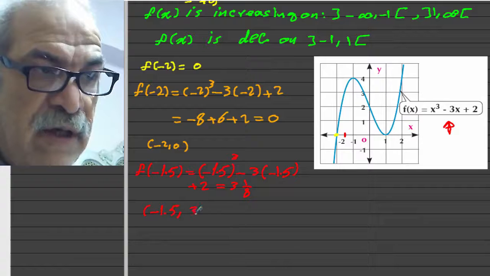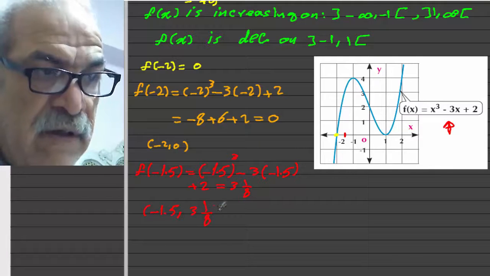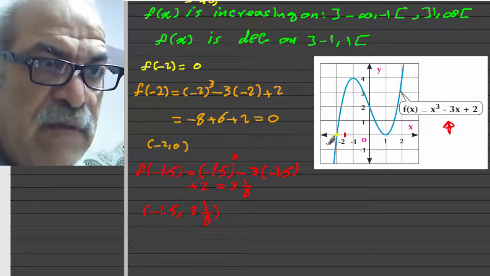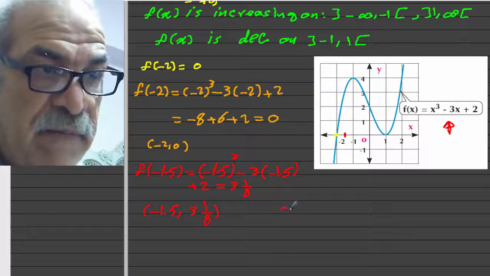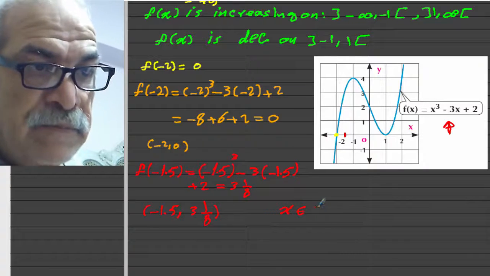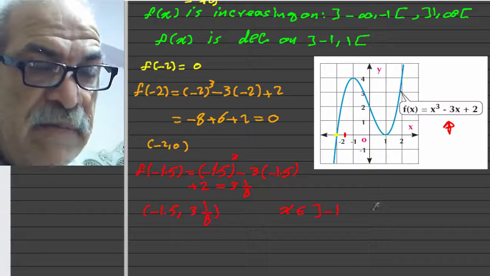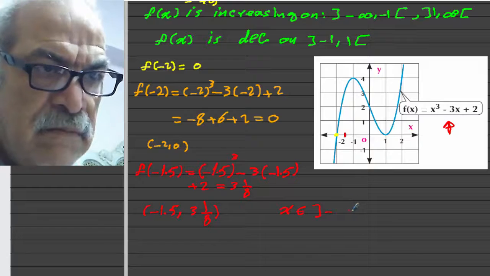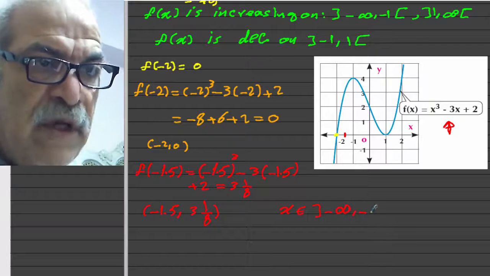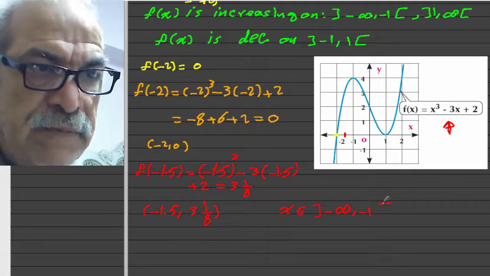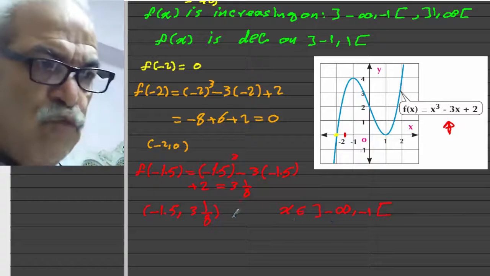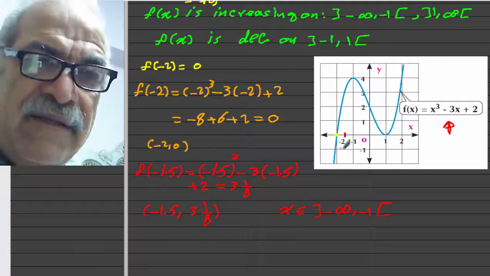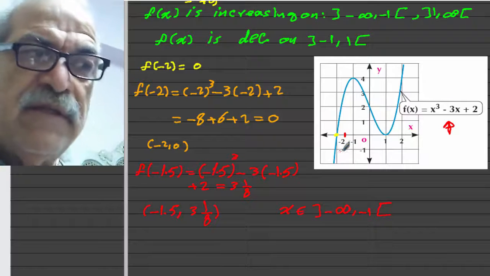and 3 and 1/8. Note here in this interval, when x belongs to the interval from negative infinity to -1, the value of y is increasing as the value of x increases.